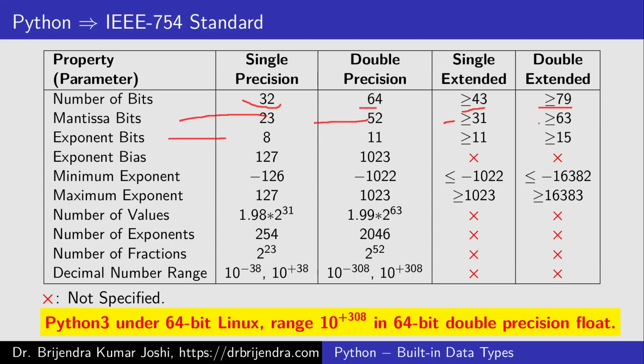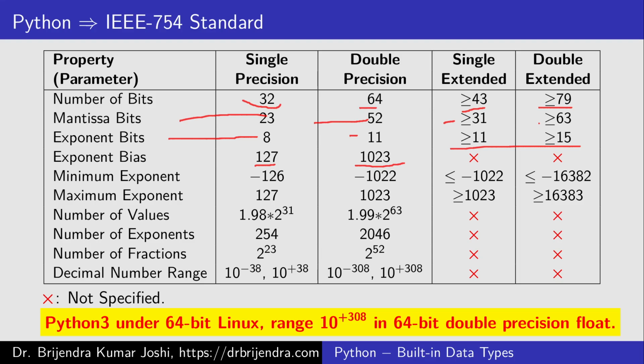How many exponent bits? In case of single precision 8, in case of double precision 11. Exponent bias, remember, here is 127, and in case of double precision 1023. So what would be the minimum exponent? Subtract the exponent bias.